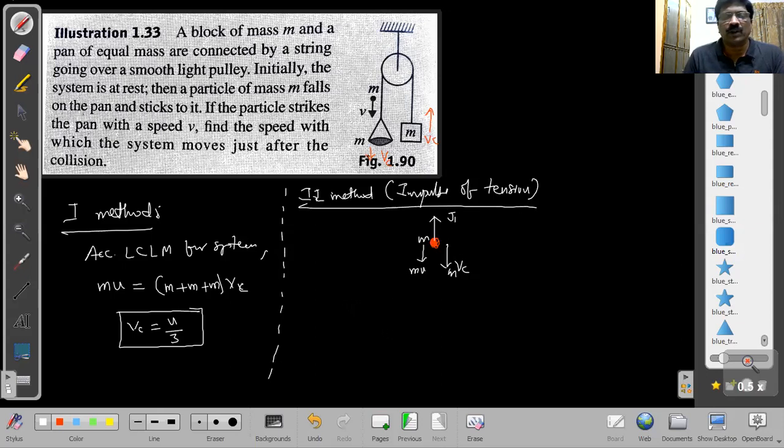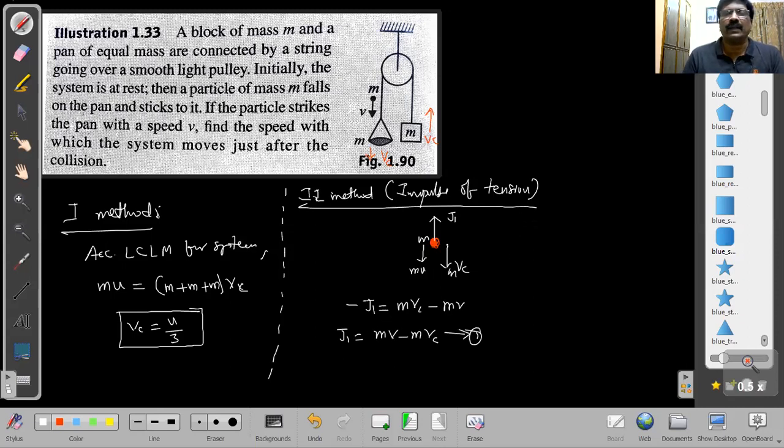Applying the impulse formula, as the impulse is in the negative direction, opposite to the motion, minus J1 is equal to the change in momentum, which is the final momentum minus the initial momentum. Initial momentum is m into u, final momentum is m into vc. So J1 is equal to mu minus mvc. This is equation 1, for the particle.